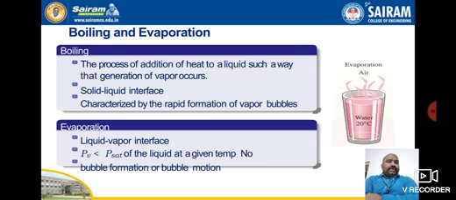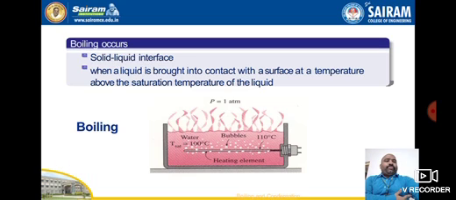During evaporation, the liquid-vapor interface is taking place, and the pressure of the vapor is less than the pressure of the saturated liquid at a given temperature. During this, there is no bubble formation or bubble motion. So here you can see the picture. Water at 20 or 30 degrees centigrade exposed to the atmosphere easily evaporates.